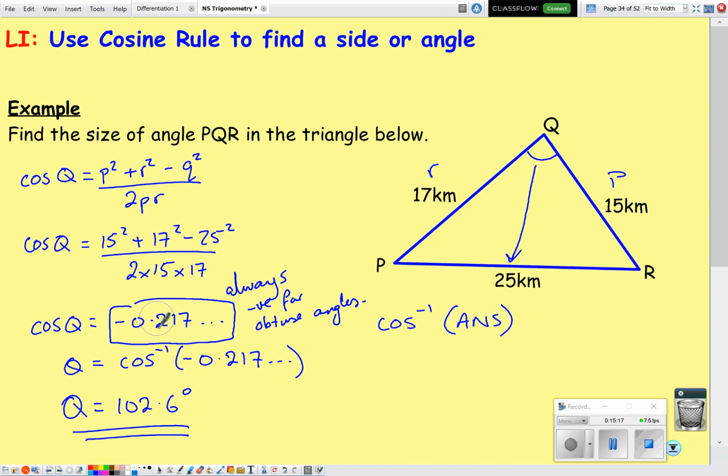Positive numbers give acute angles. Negative numbers at that stage give you obtuse angles. So there are a variety of ways there that you can use to keep yourself right. You're not told in the question it's obtuse, but you might work on the assumption that it's going to be. It's opposite the biggest side, and you're looking for a negative number in that line.